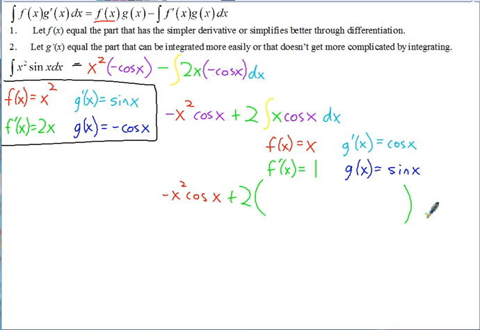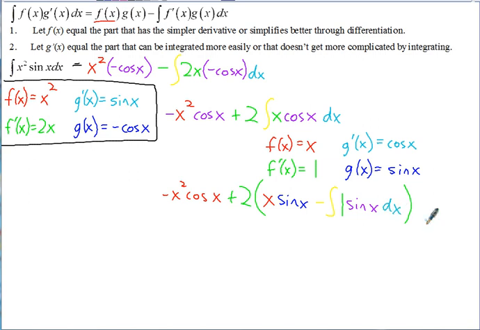So we'll have f of x times g of x, so that's x times sine x, minus the integral of f prime of x, which is 1, times g of x, which is sine x dx.